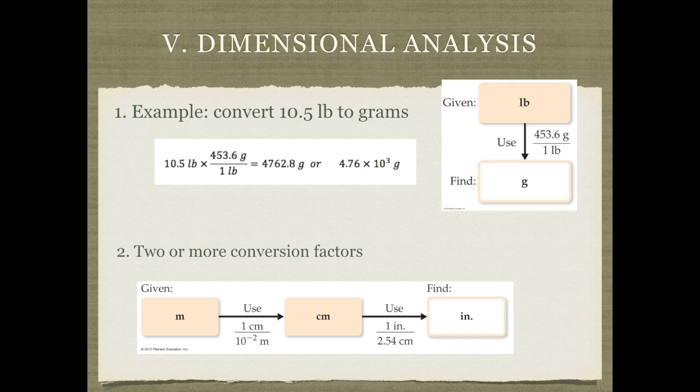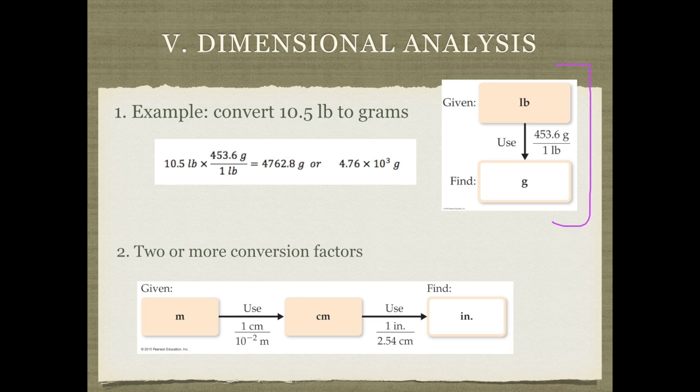And then finally, I just want to end with dimensional analysis, which we will do 2 days in class, but this is such an important part of chemistry, doing calculations, that I thought I would just put a little blurb here. On this first calculation, we're going to convert 10.5 pounds to grams. How do we do that? Well, there's this little scheme in your book that I like, to show you how to do that.